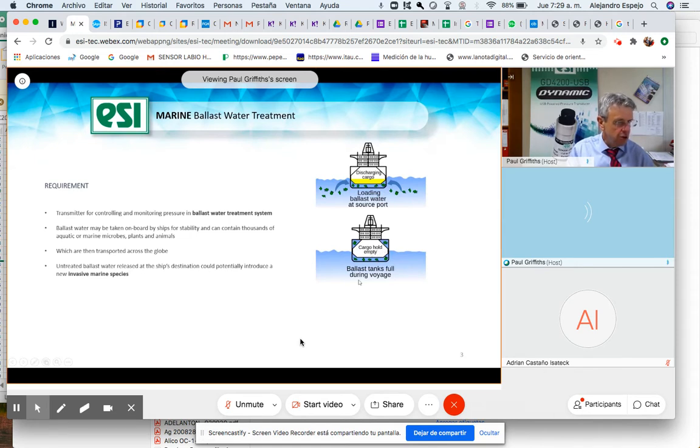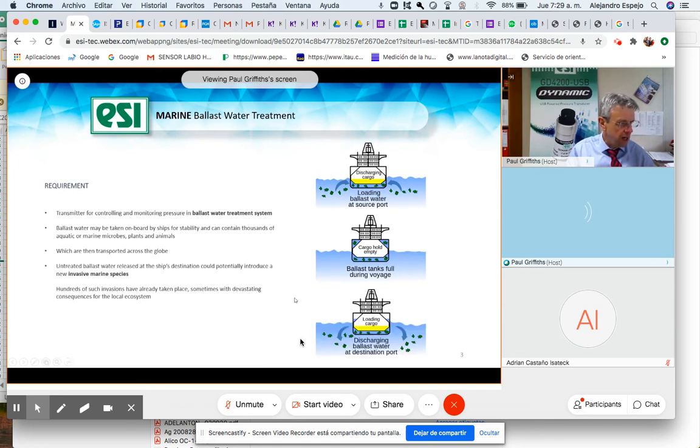So this is a constant process, and there are international laws now that make sure that ships are fitted with ballast water treatment systems. They must have very sophisticated systems for cleaning the seawater.